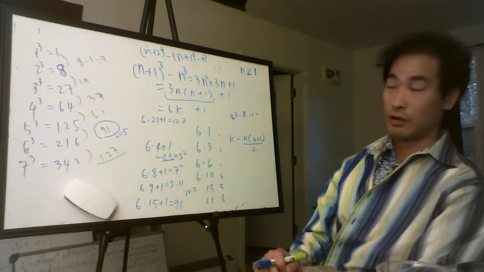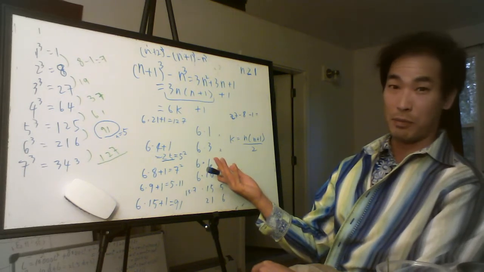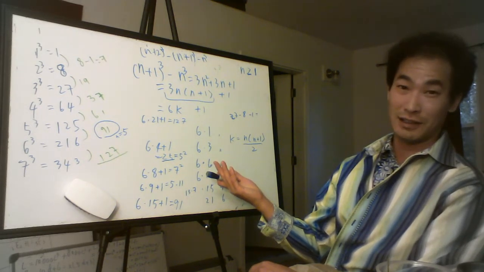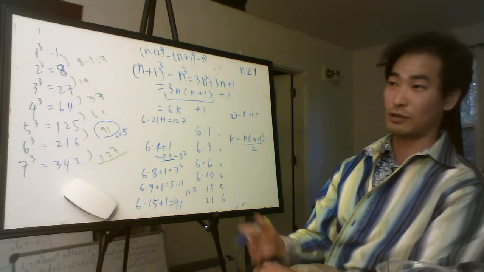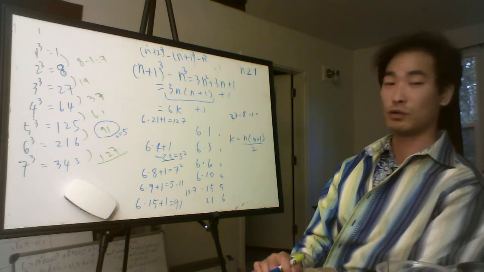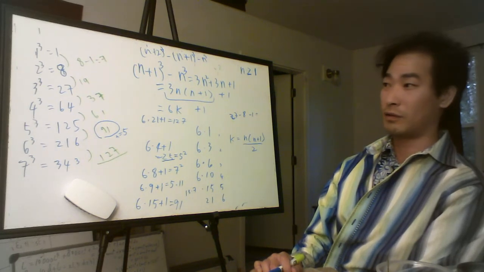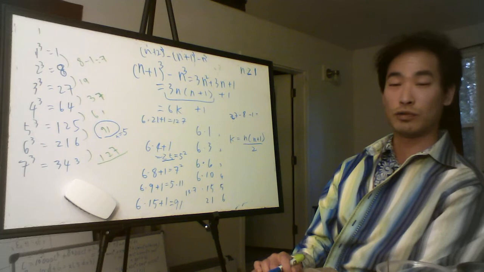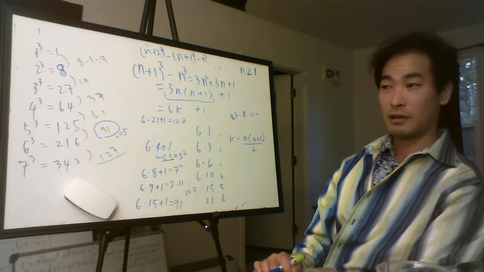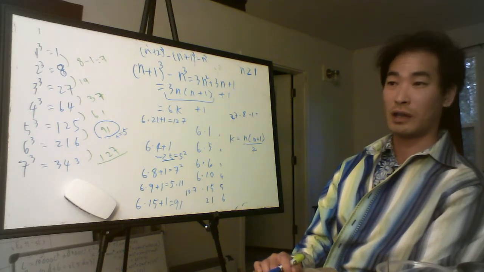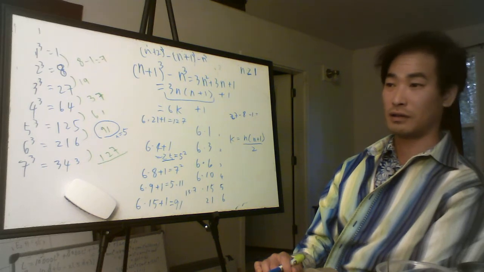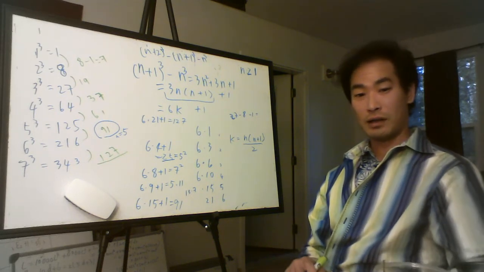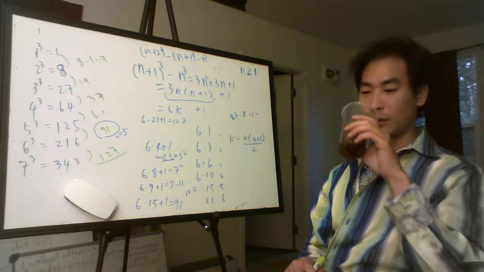Odd number. Are there prime numbers that are odd? Yes, every prime number except 2. So you can say 2k plus 1 is one form that many prime numbers conform to. But there are so many other numbers of the form 2k plus 1 that are not prime numbers. See what I'm saying?